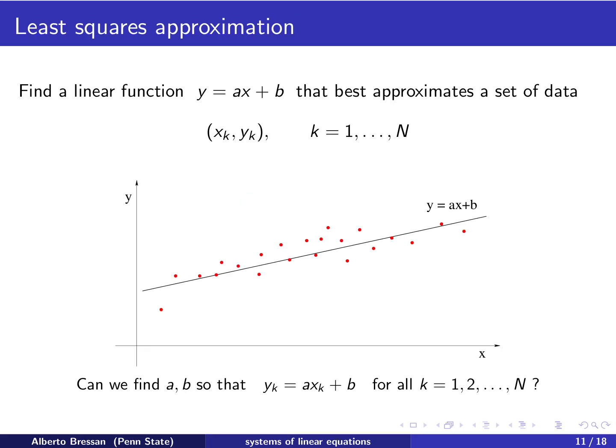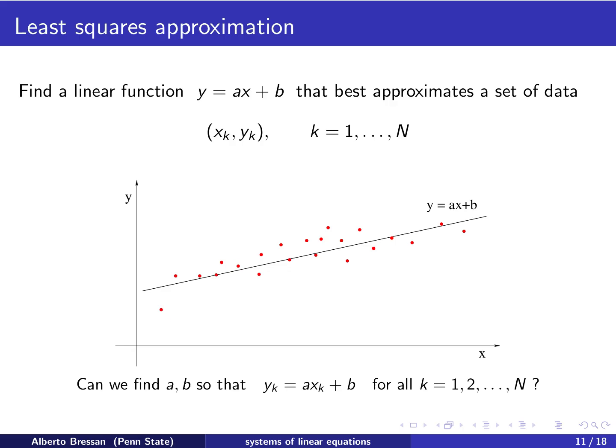So one example in that direction will be the least square approximation. You are probably somewhat familiar with that. So the goal here, let's say you have a bunch of experimental data and you want to fit in a function, and you know that your function is a linear function, that is y equals ax plus b, and the graph of this in the xy plane is a straight line.